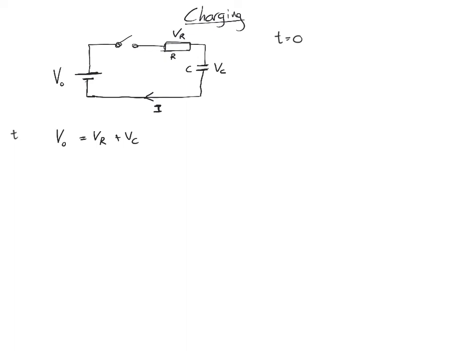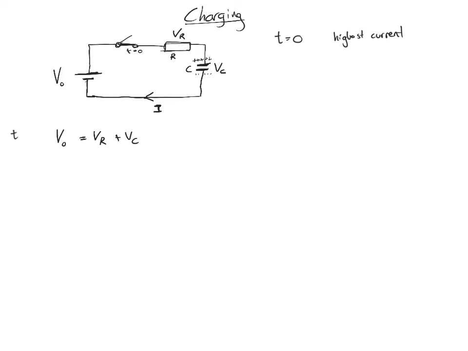So at the beginning, when I close the switch at time 0, I will have the highest current. But as time goes by, once I close the switch at time 0, the charge starts building up across the capacitor plates, and the current in the circuit decreases because from the moment that the charge starts building up, there are less and less electrons flowing per unit time.